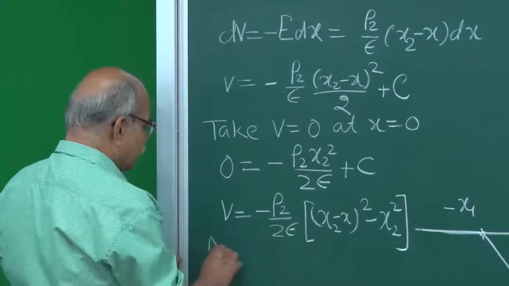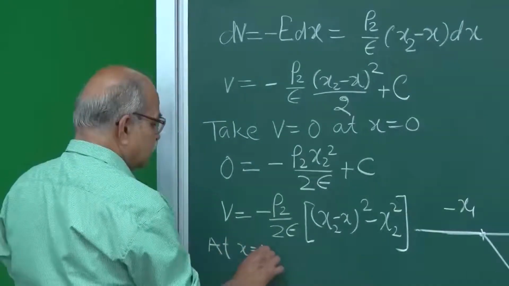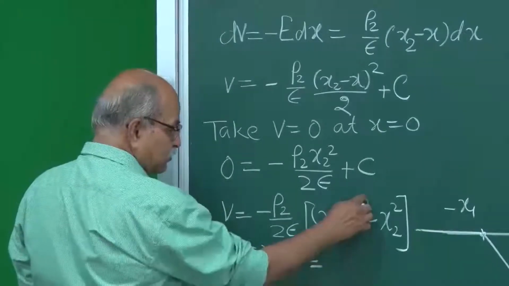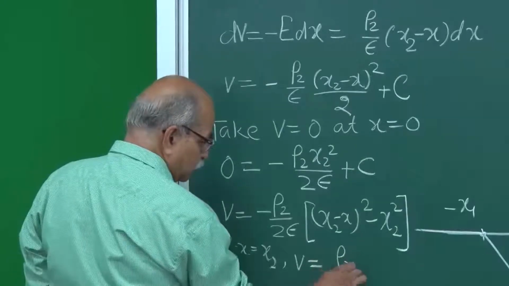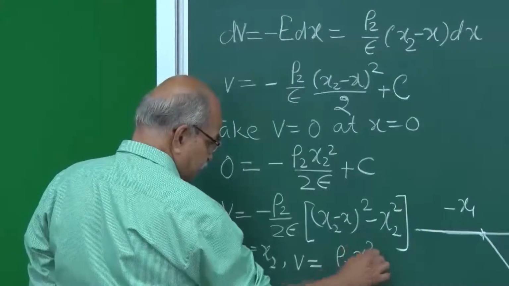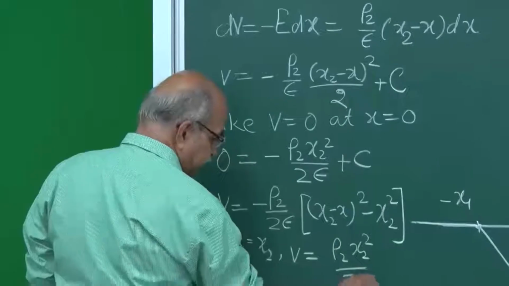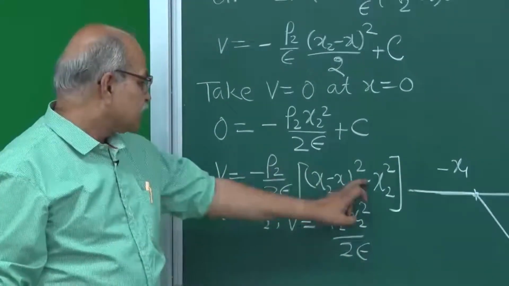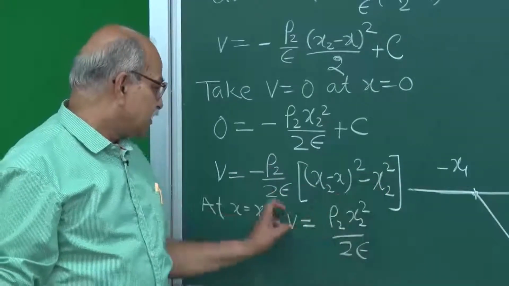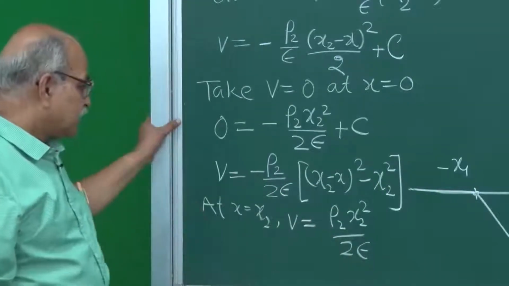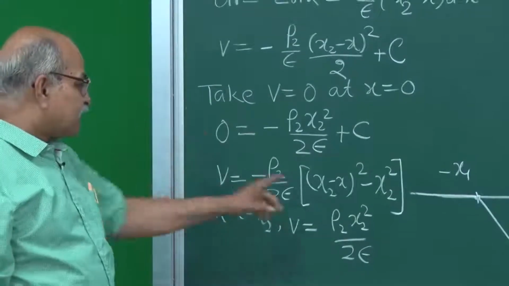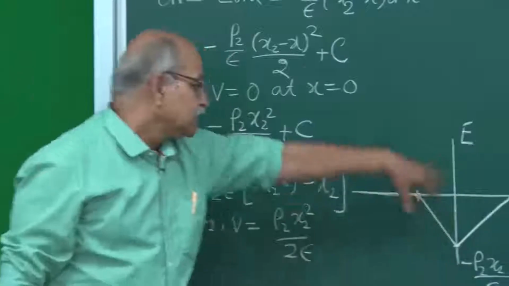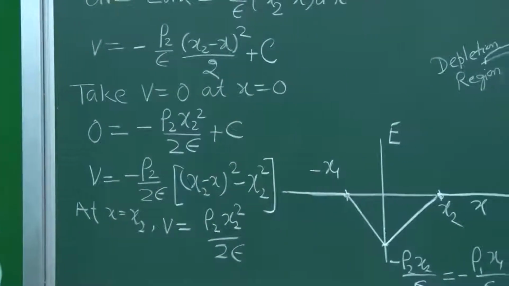At x equal to x2, this term goes out, so it will be rho 2 x2 square over 2 epsilon. It is a quadratic function. It should be: if the electric field is linear, then the potential has to be quadratic.